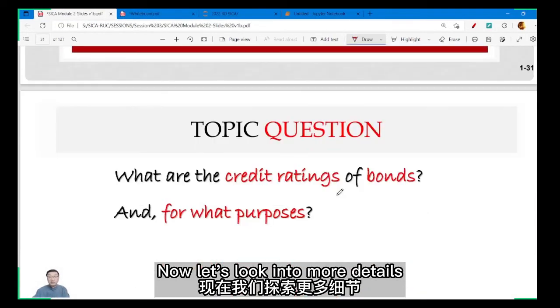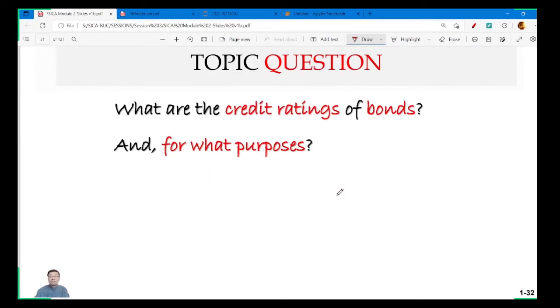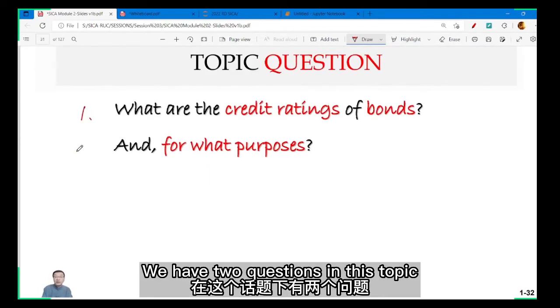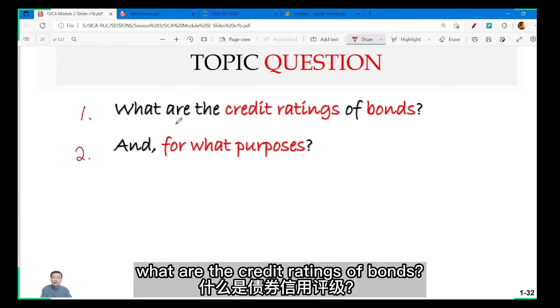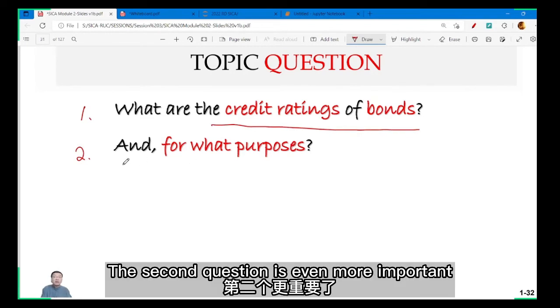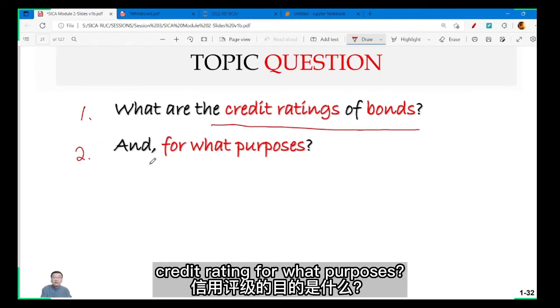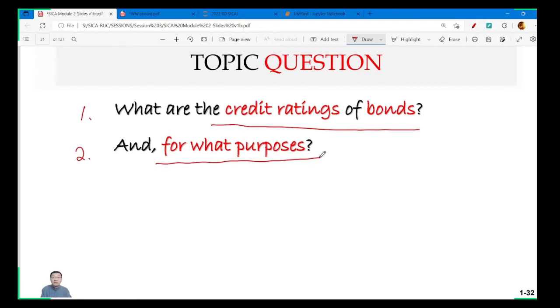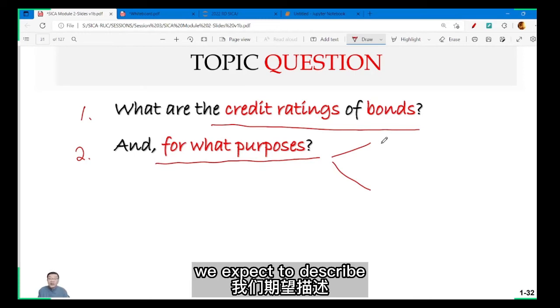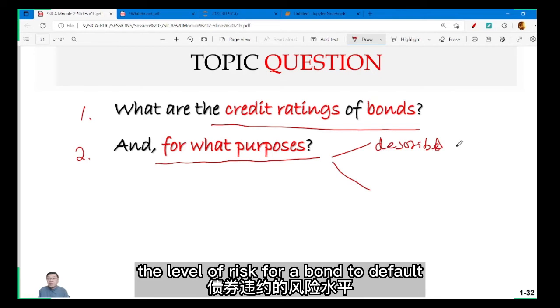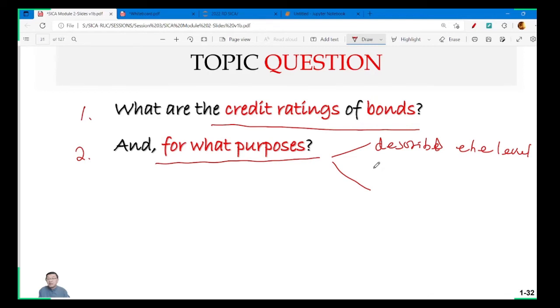Now let's look into more details. We have two questions in this topic. Of course, the first question is, what are the credit ratings of bonds? The second question is even more important. Credit rating for what purpose? We have two options here. First option, we expect to describe the level of risk, the level of risk for a bond to default.